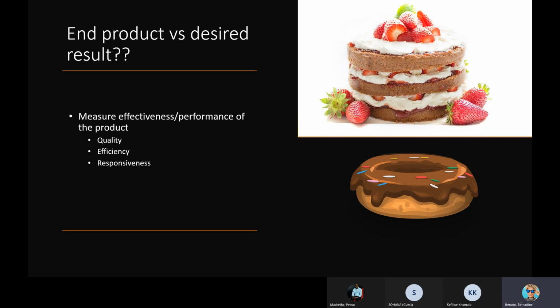There are three elements that we use to measure the performance of a product. We look at it in terms of quality, in terms of efficiency, and in terms of responsiveness. So quality measures both the processes we used and the output obtained. In other words, did we use a quality system? Did we use quality analysis?